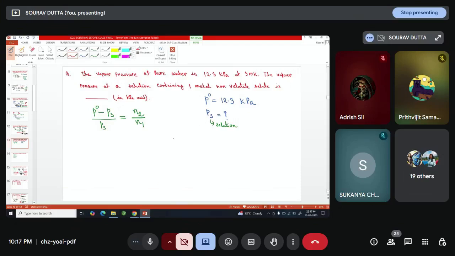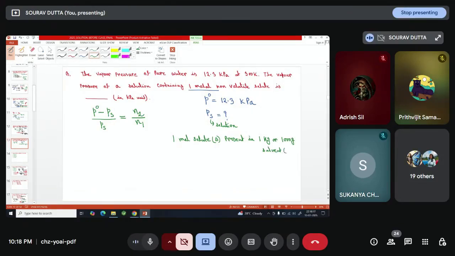Okay, so we can write 1 molal means 1 mole solute present in 1 kg or 1000 gram solvent.